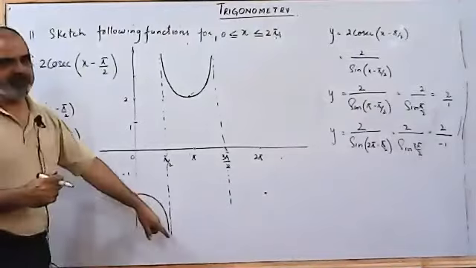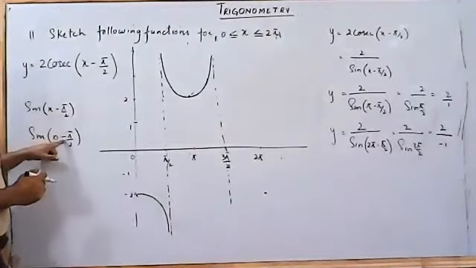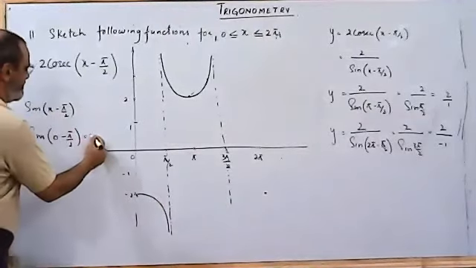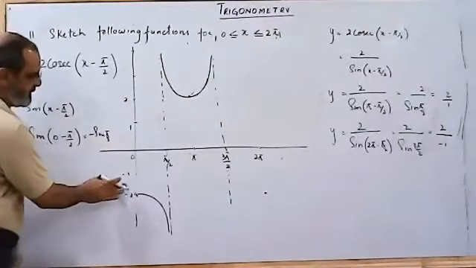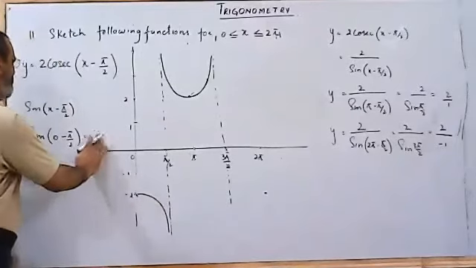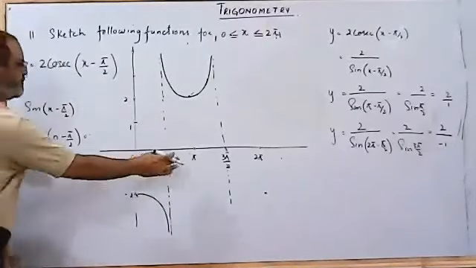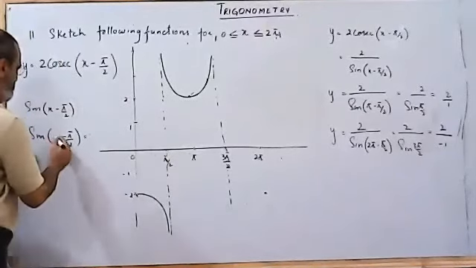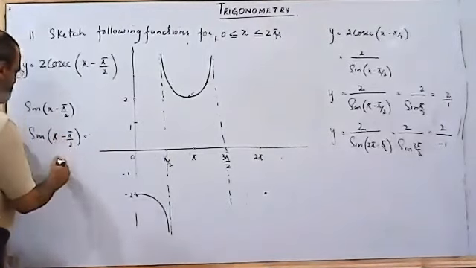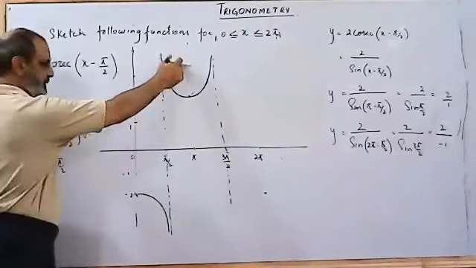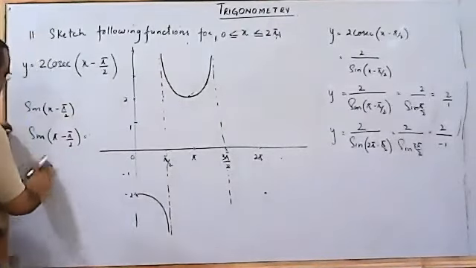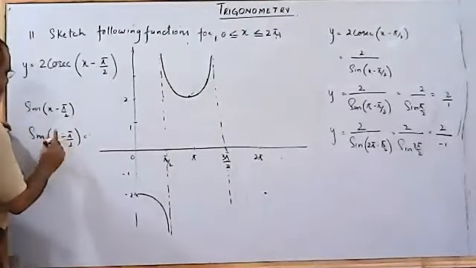Why? Because sine is negative. It will be equal to negative sine pi by 2. So that's why the curve is in the negative section. If I put x is equal to pi, so pi minus pi by 2, we are left with sine pi by 2, that is positive, that's why the curve is up there.